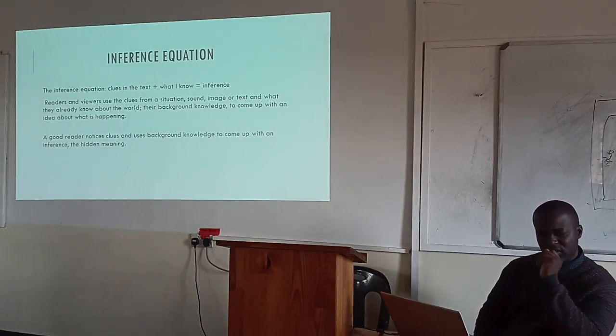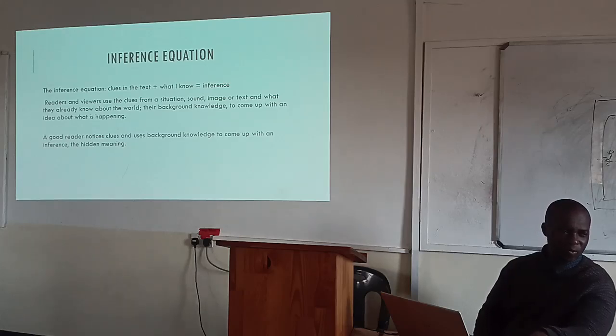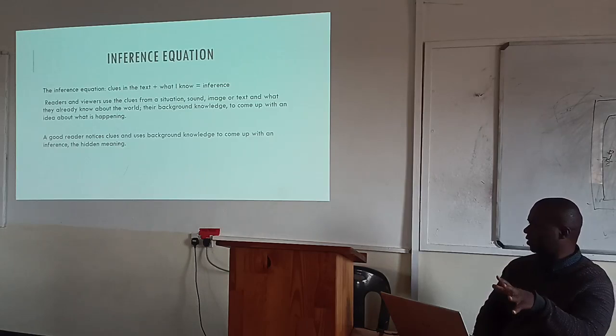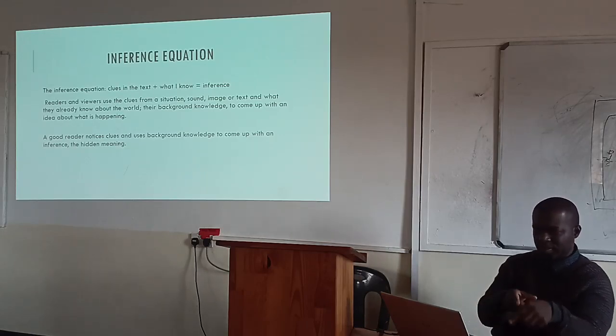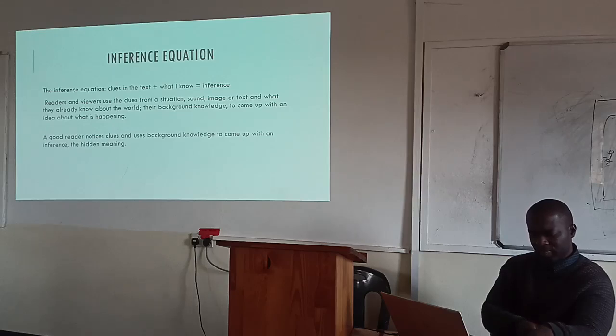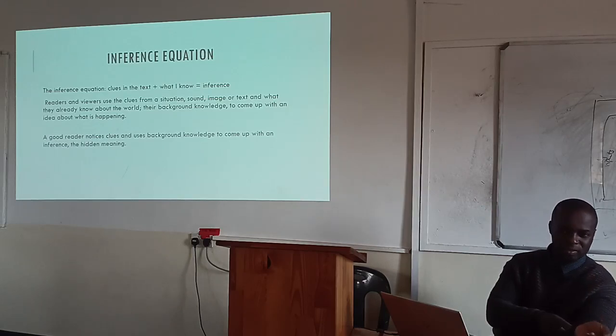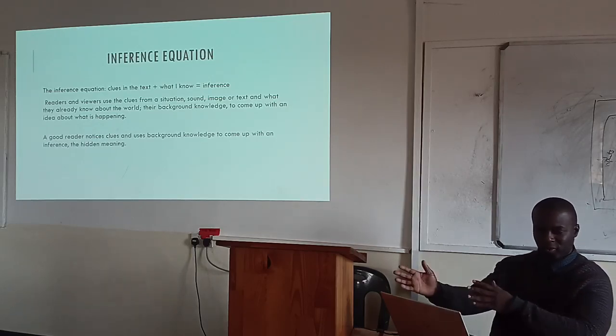So you read the details, and according to the details, you say, I've encountered a certain animal with these characteristics. Since it has got A, B, C, D, E, and that one has got A, B, C, D, this would be this one. So that's the process.